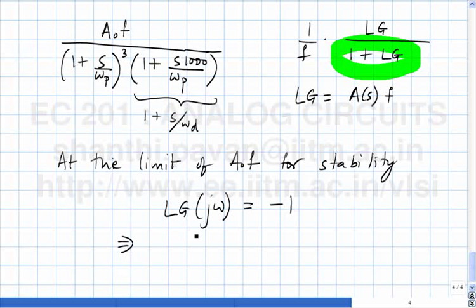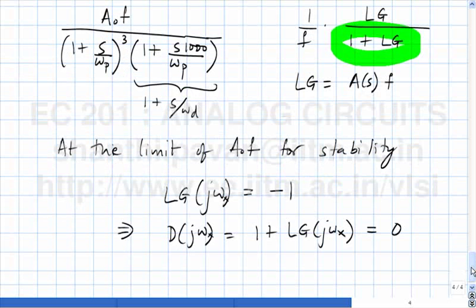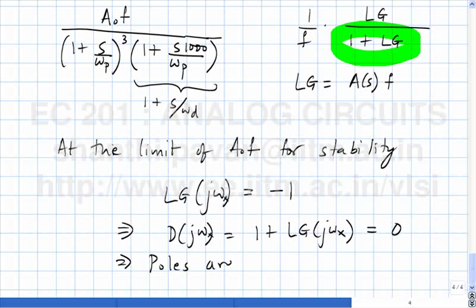If this is satisfied at a certain omega x, then it basically means that the denominator polynomial, which is 1 plus loop gain of j omega x, becomes 0, which basically means that poles are on the j omega axis. This is just another way of finding the limit on A naught F before weird things start happening.